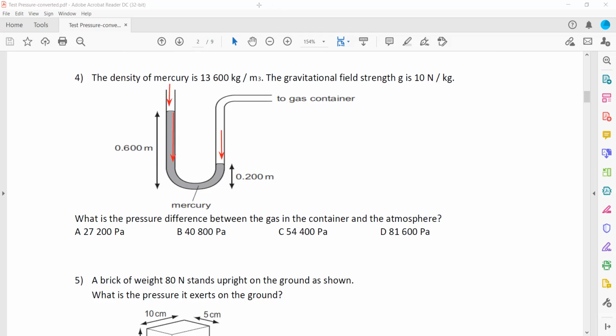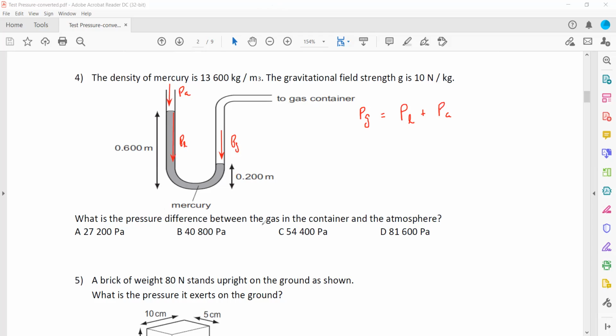So here the pressure of the gas is higher, so we can say the pressure of the gas equals pressure of liquid plus pressure of atmosphere. Here atmosphere exerts pressure, liquid exerts pressure and gas exerts pressure.